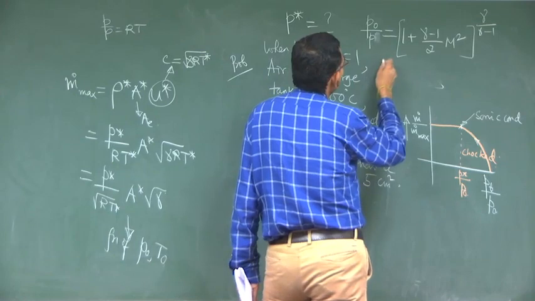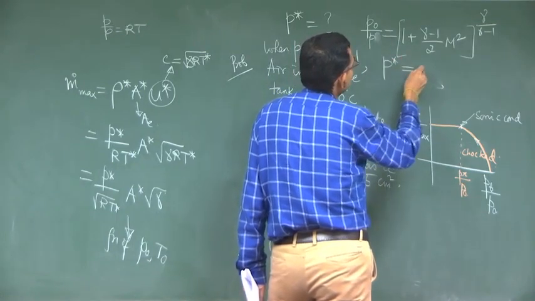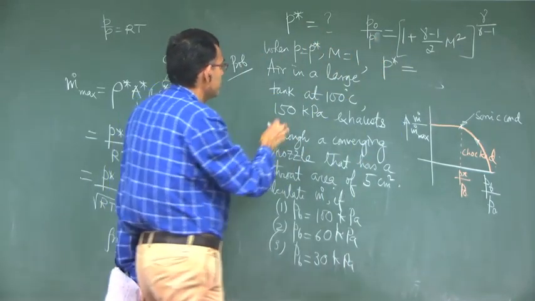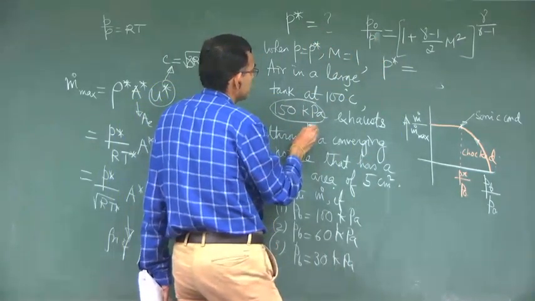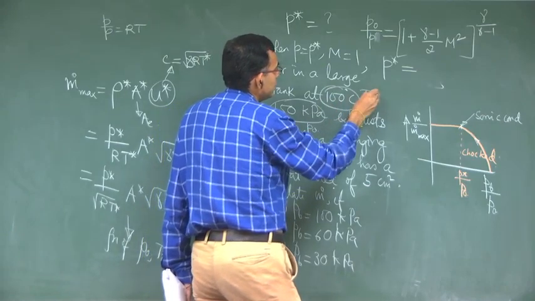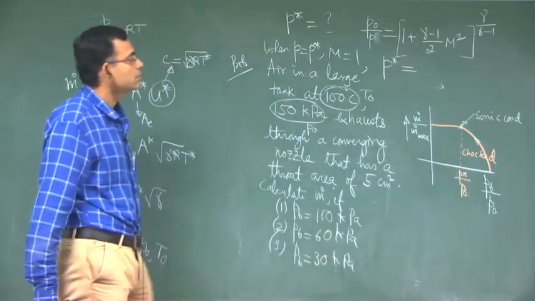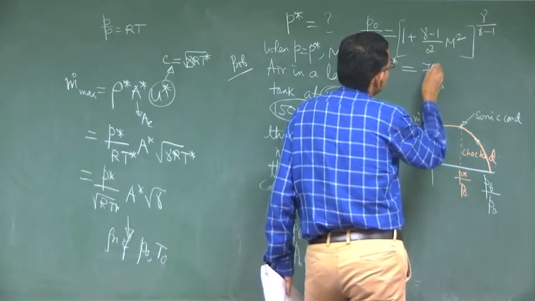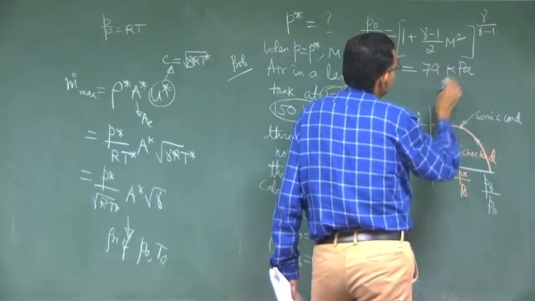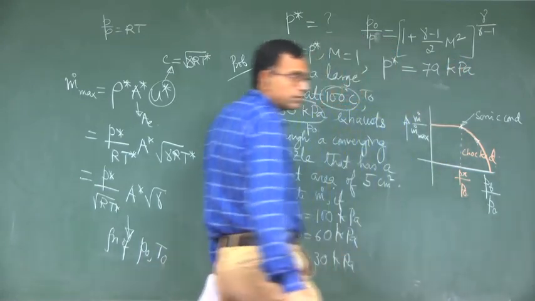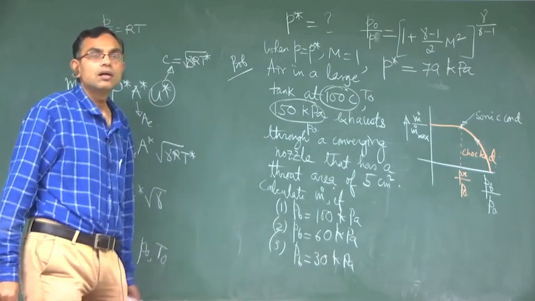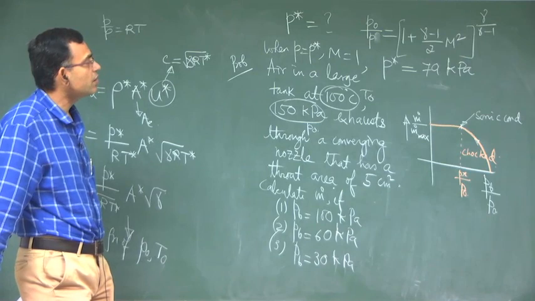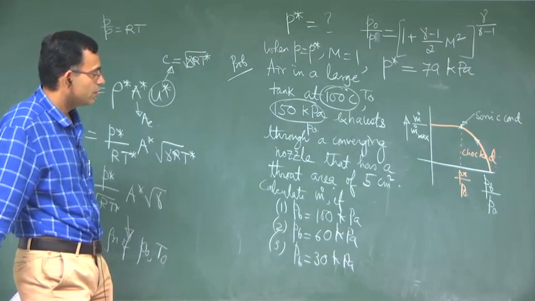So, what is that P star? If you substitute M is equal to 1, you will get P star because P0 is given. This is P0, this is T0. So, if you calculate it, you put all the values in this problem. P star is 79 kilopascal.